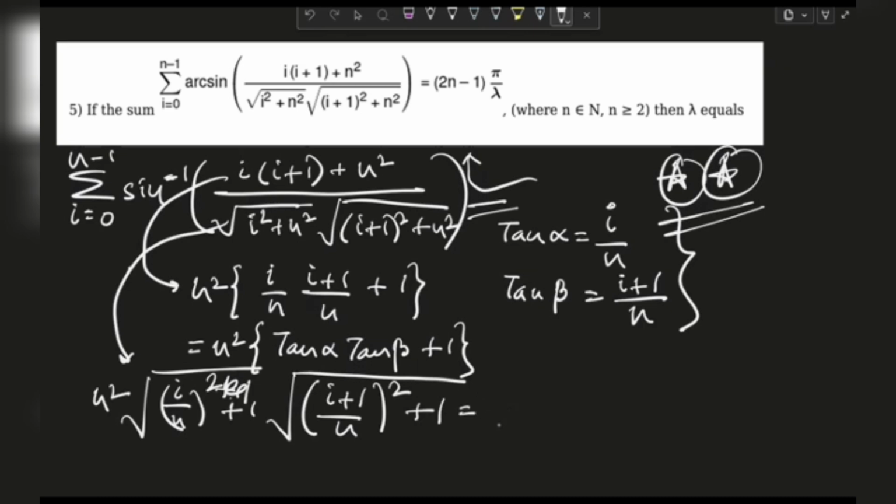So if we observe carefully, we can actually write this to be n square, and now this is (i by n) whole square plus 1. So tan, 1 plus tan square alpha, which is root under secant square alpha, so n square secant alpha and secant beta, right? So now let's rewrite the expression in a beautiful way.